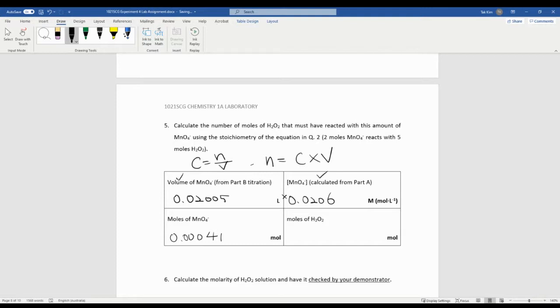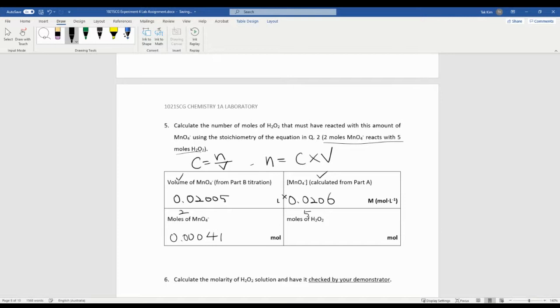And then it is asking the number of moles of peroxide. Now from here, it should be the same process as we did in part A. You need to use the stoichiometry ratio from your previous question number 2, or you can just simply use this one over here. It is a 2 to 5 ratio.